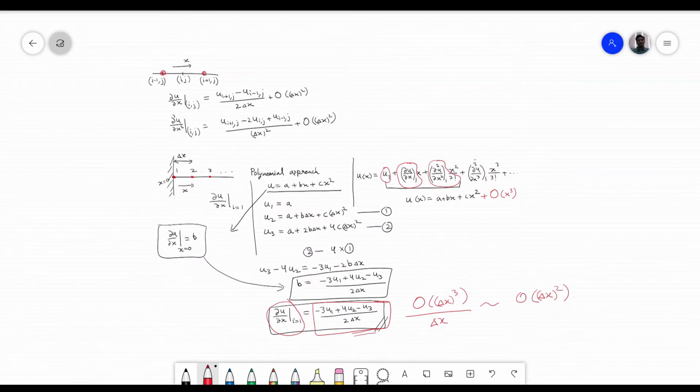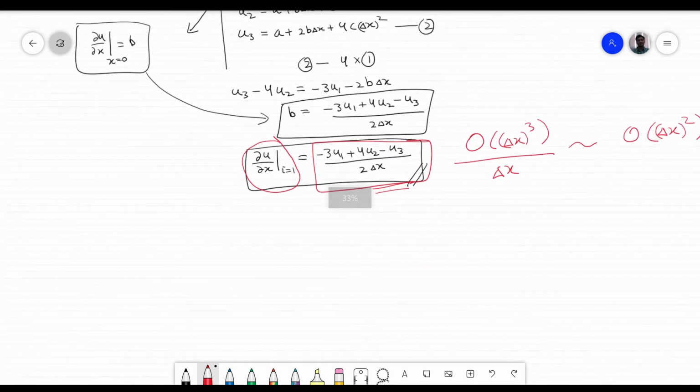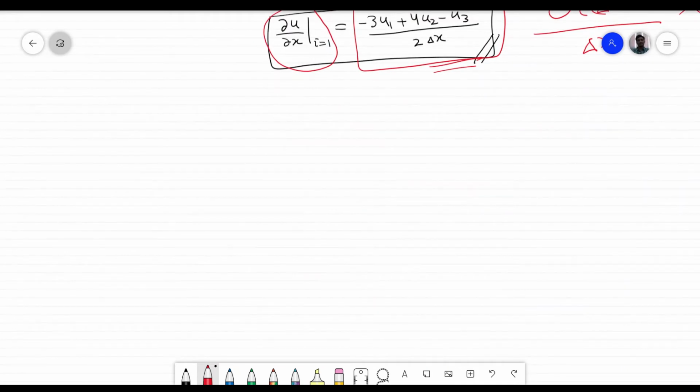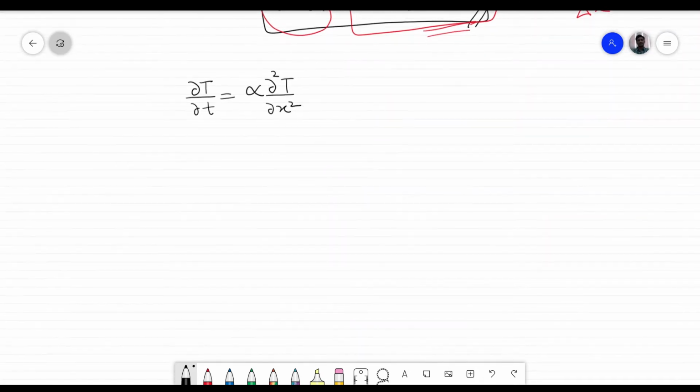Now let us go back to the heat conduction equation or thermal conduction equation that we were looking at. This is the one-dimensional heat conduction equation that we wrote and discretized. We used the FTCS scheme to discretize this, which means forward in time and central in space.